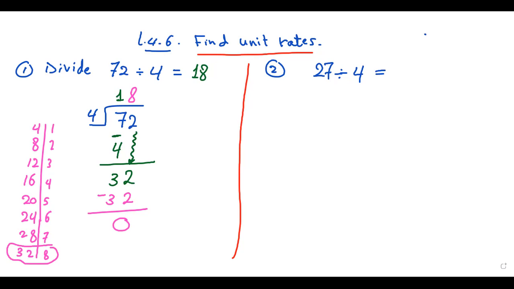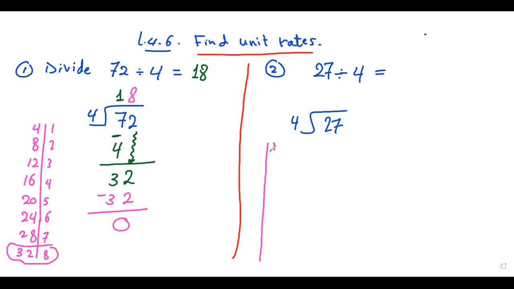First, use the long division symbol, 27 divided by 4. First, we see the number. If it's big, you need the multiplication table.